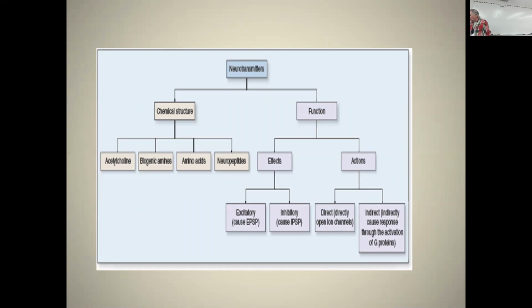Okay, so let's look at neurotransmitters and need to know their chemical structure and their function. So you got biogenic amines like serotonin and dopamine. You got amino acids like GABA. You got neuropeptides, which are actually small proteins. You also have a gas, nitric oxide.